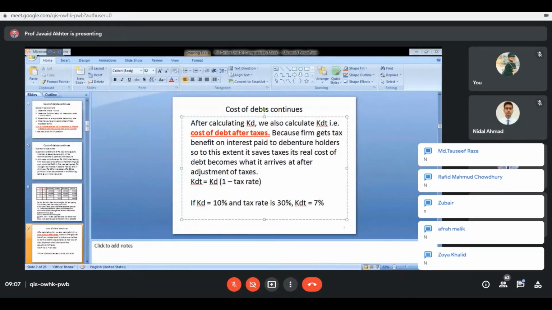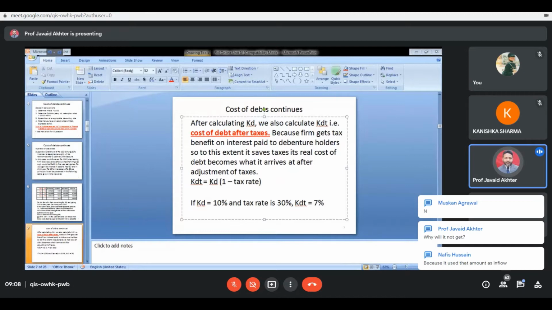Because it takes the original principal instead of present value. Just type it out. As many of you as wish to say why it will not get tax exemption. Because it is used as inflow.